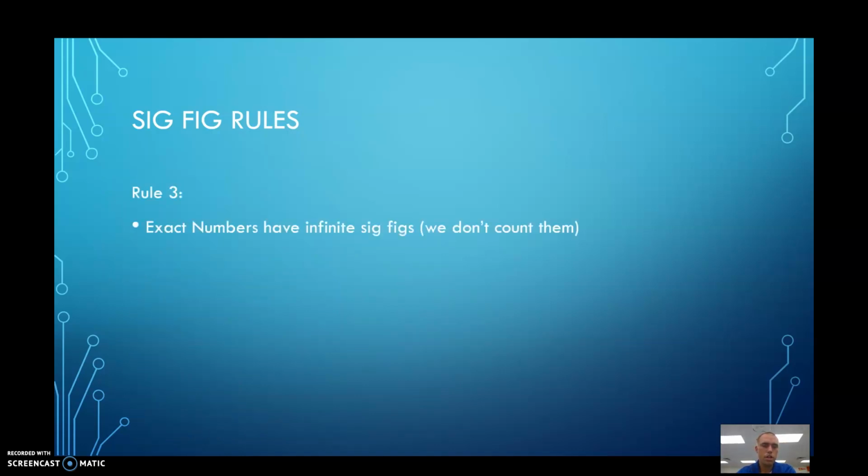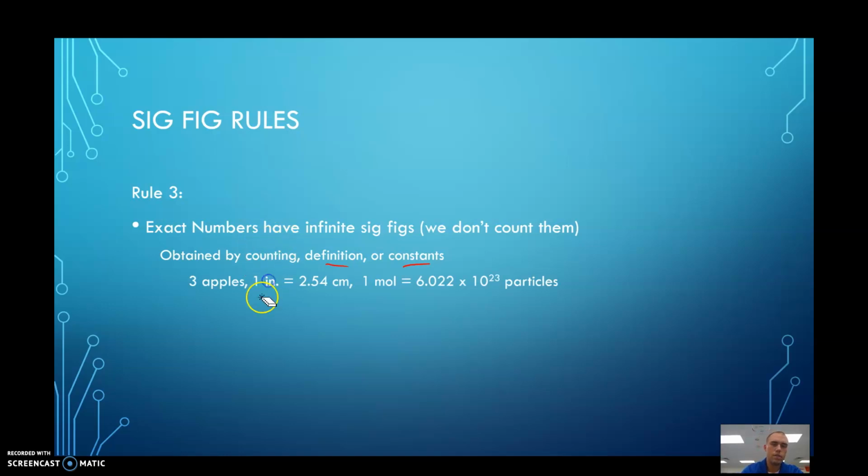Then we get to rule number 3. Rule number 3 says that exact numbers have infinite sig figs, and that we don't need to worry about counting them. So basically these are numbers that are obtained by counting, by definition, or by constants. Okay? An example would be like, oh, I see that you have 3 apples. That is exactly 3 apples, and I don't need to do anything with my sig figs because that is 3.000000, 0 forever, apples.